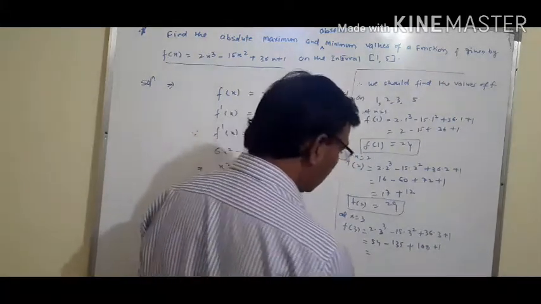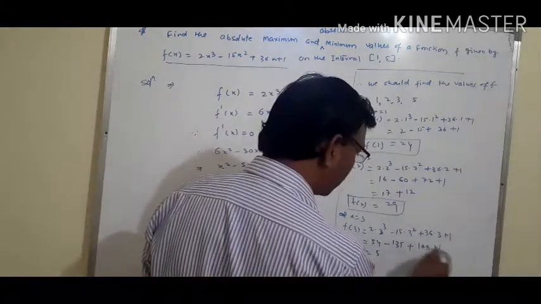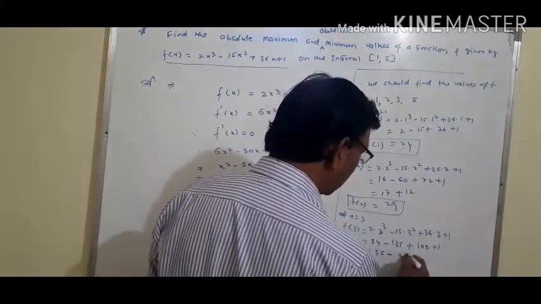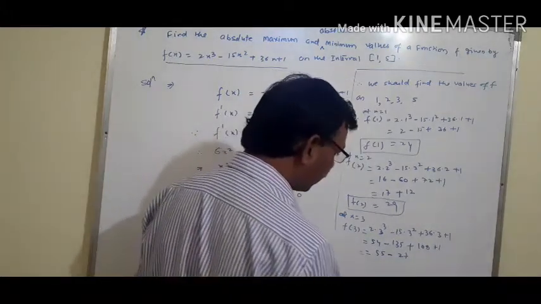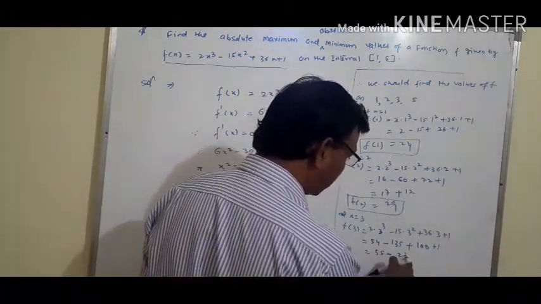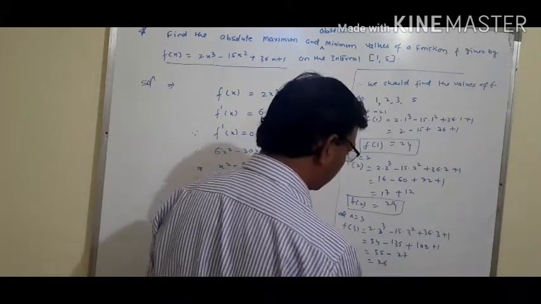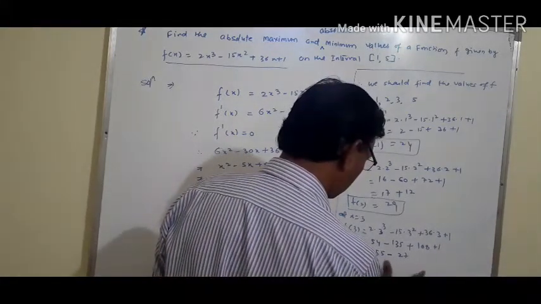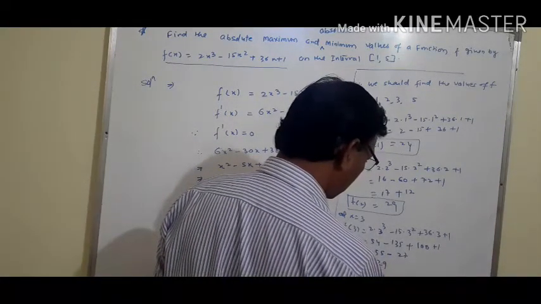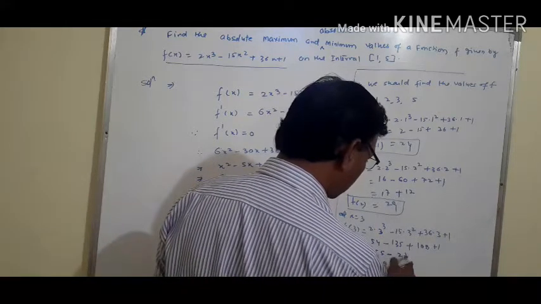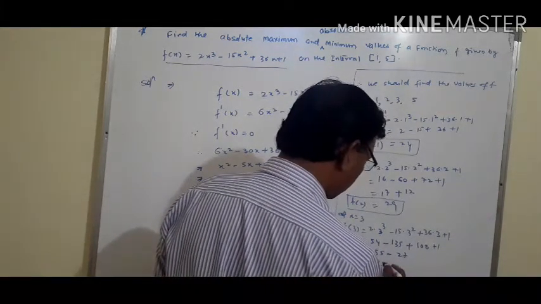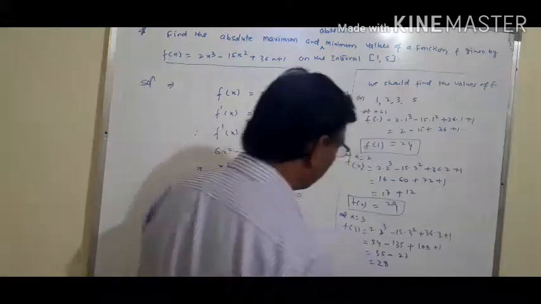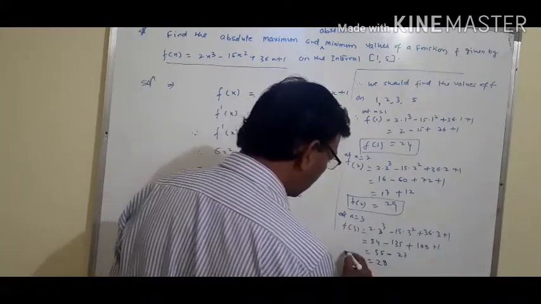Now 54 plus 1, 55, minus 135 plus 108, that means 27, and 55 minus 27, sorry, 28. f of 3 equal to 28.